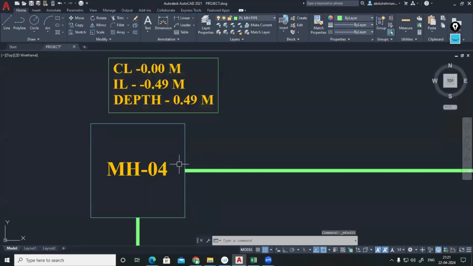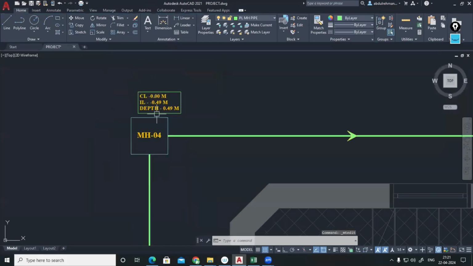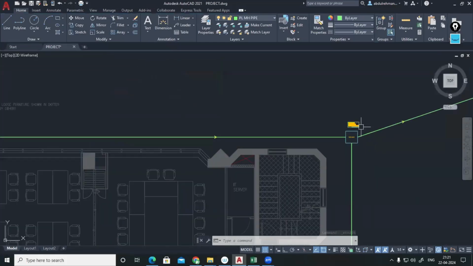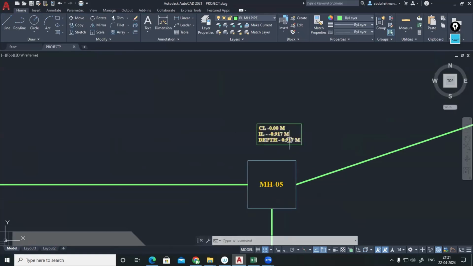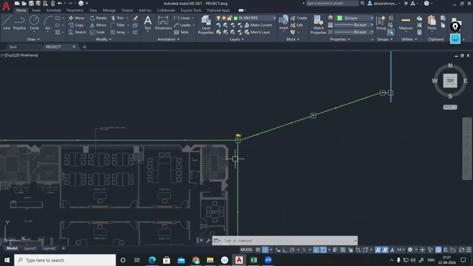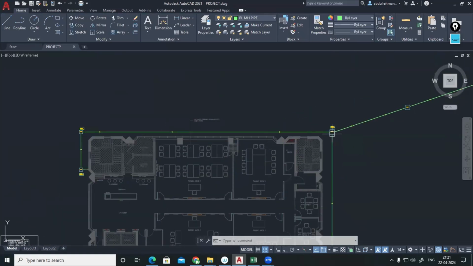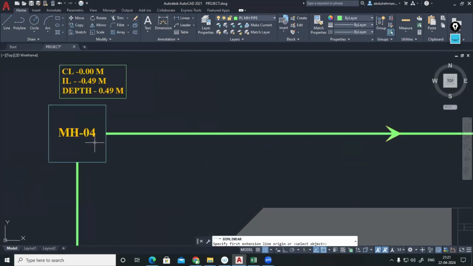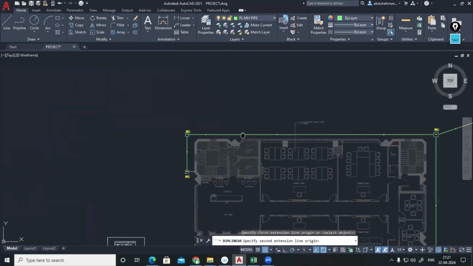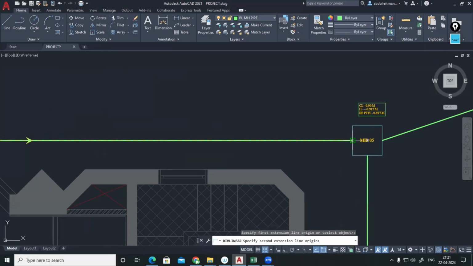Now this manhole number 4 will be connecting to manhole number 5 only. Anyhow, what's the distance there? Whether the depth is coming beyond 0.917 meter in this criteria, accordingly this manhole depth has to be adjusted. So let me select the length from this manhole to this manhole.